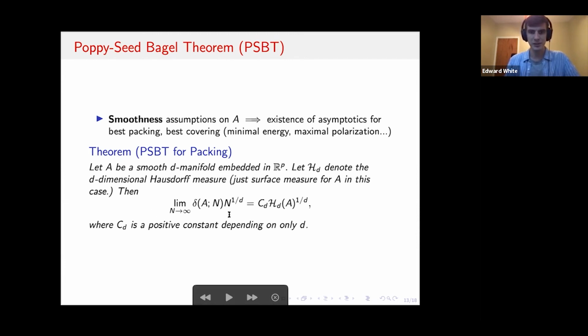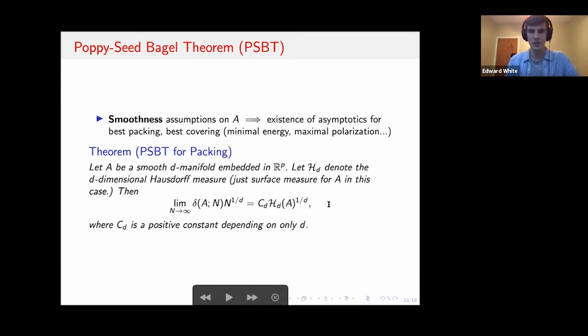Then we have this similar limit as presented before, where we take the best packing distance and then account for the growth decay of the best packing, which is again going to be the same as the growth decay for best covering and for best unconstrained covering. Then this limit exists and it equals this, where C_D is a constant depending only on D. And then we have our surface measure, and then we just have to account for the dimension of the set.